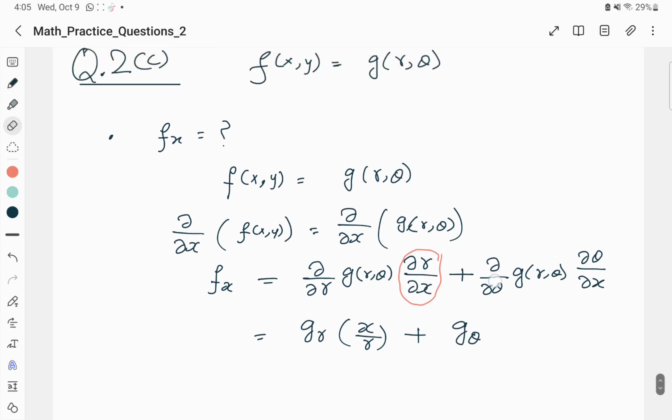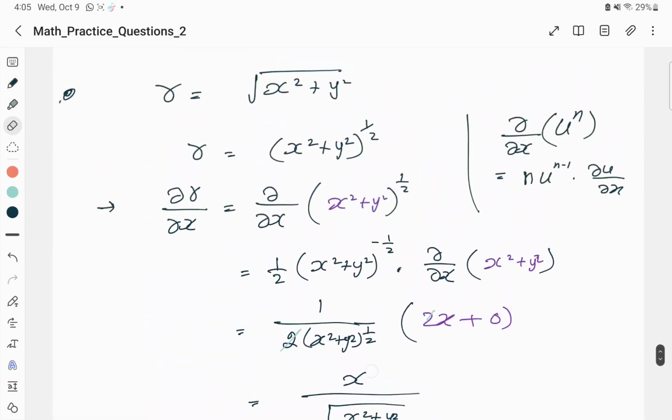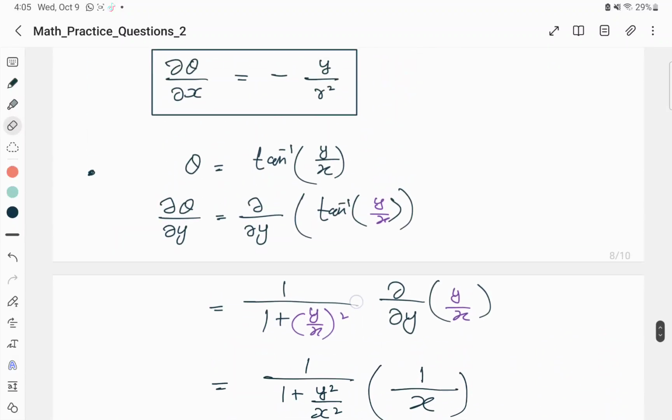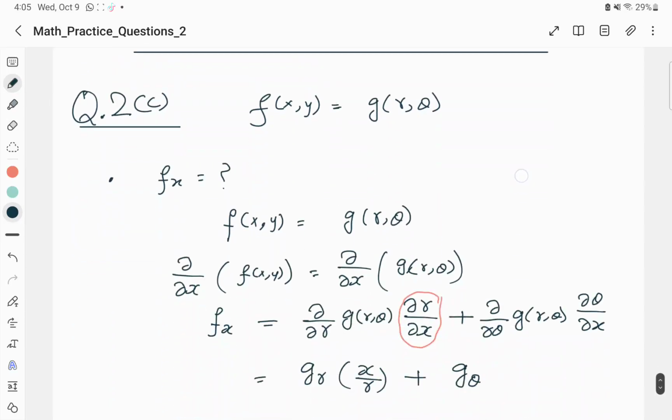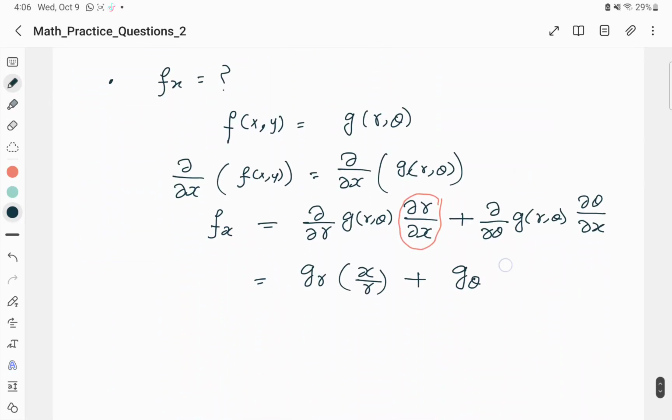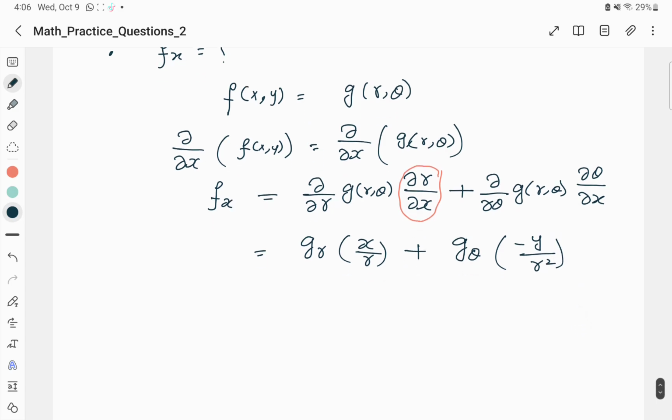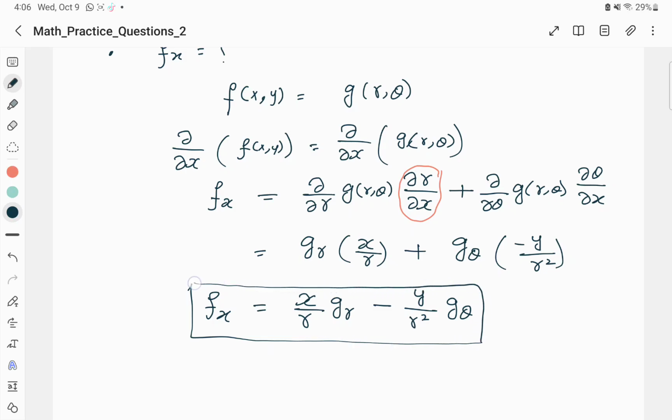So let's look at partial theta over partial x. The value of partial theta over partial x, we have already calculated, and that is negative y over r squared. So let's simplify them. It is (x over r) g_r minus (y over r squared) g_theta, and this is the expression for f_x.